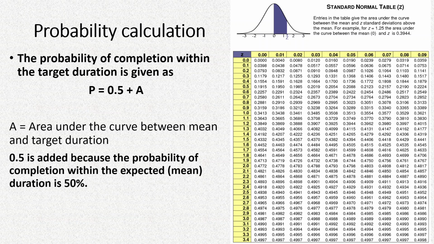Now, as we have already said, 0.5 is added because the probability of completion within the expected time or the mean time is already 50%. So whatever value we get from the table, we have to add 0.5 with that value, then only we'll get the resultant probability.